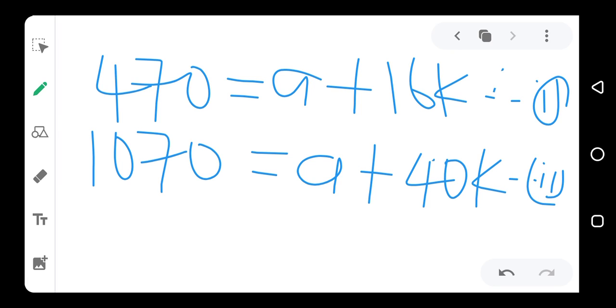This is equation 2. Now we use our elimination method again. We can also use substitution method, but that is discussed in our lesson on simultaneous equation.